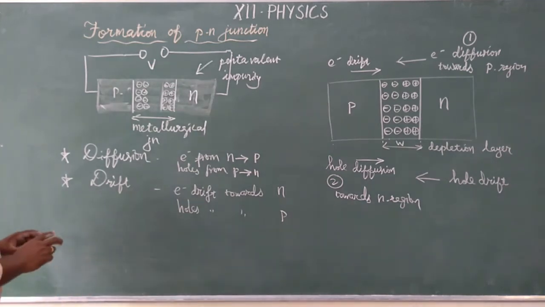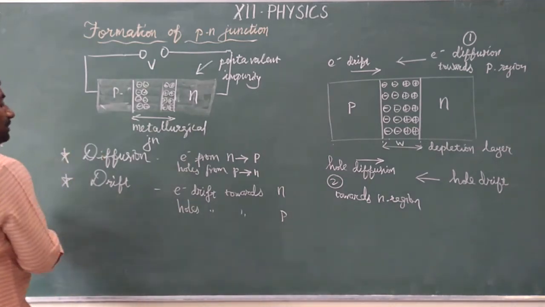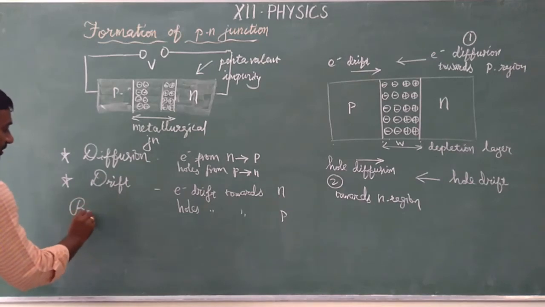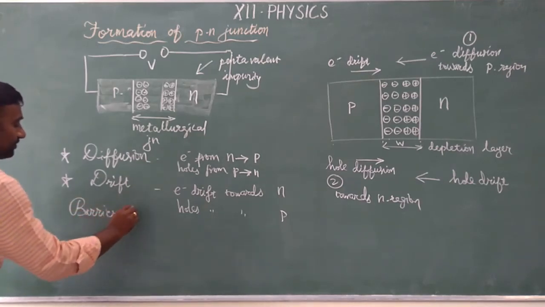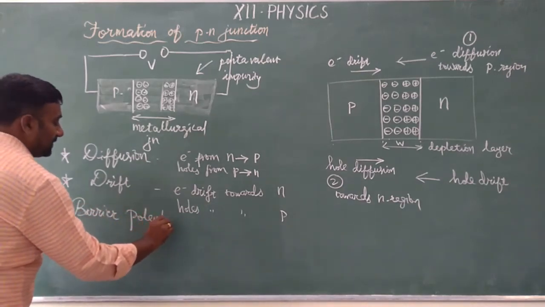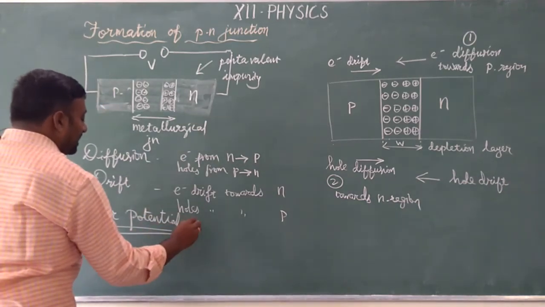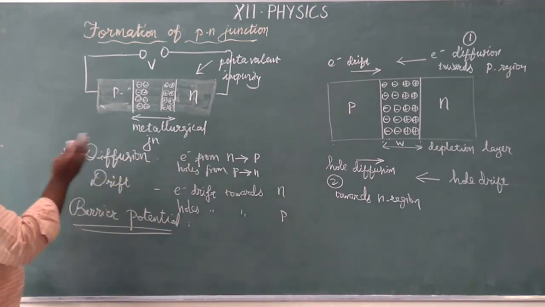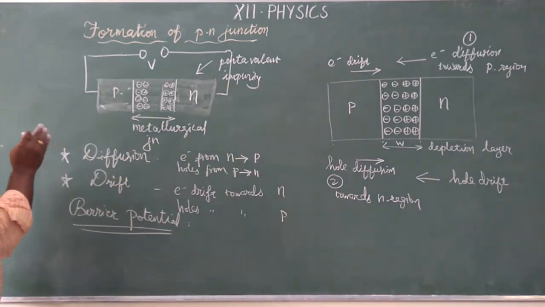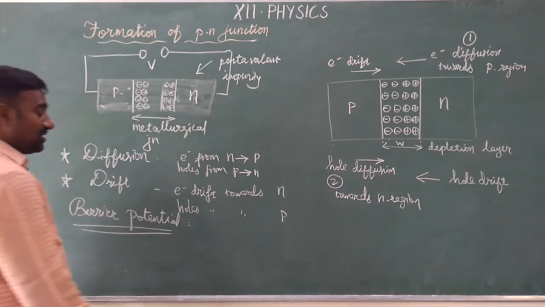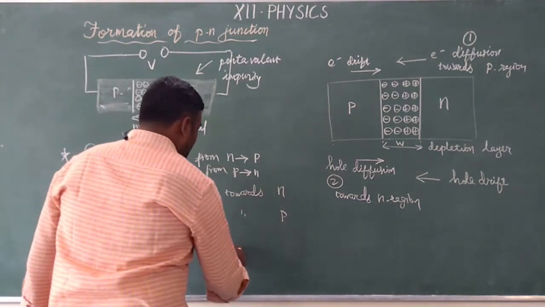So the particular potential is called barrier potential. Next one is barrier potential. So what is the barrier potential? The barrier potential prevents the electrons from further moving from the n region to the p region, and the holes from moving from the p region to the n region. So it looks like this.